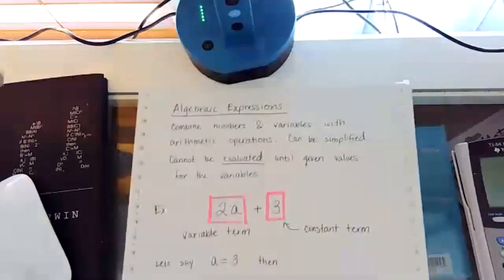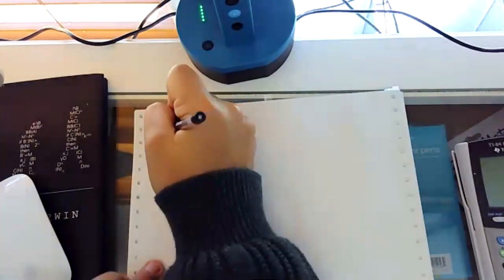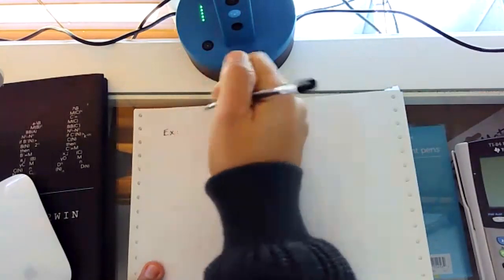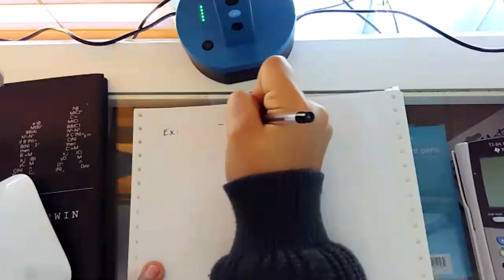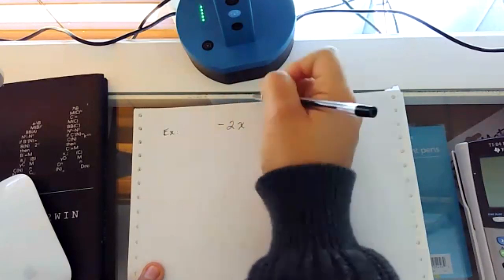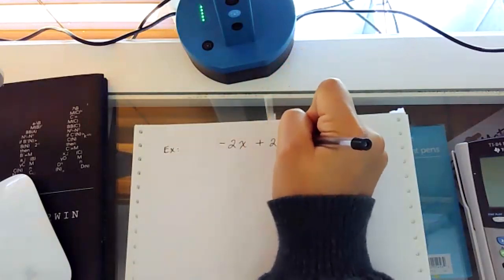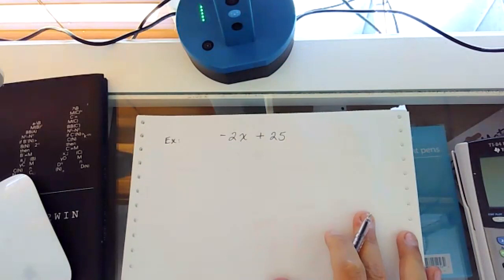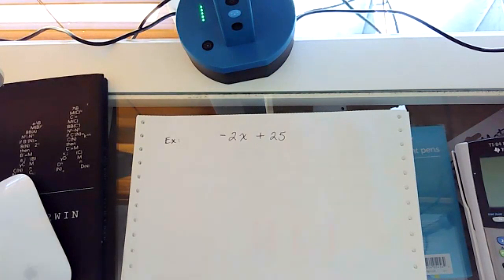Okay. When you have an algebraic expression, let me give you another example. Negative 2x plus 25. You should be able to identify which one is the variable term and which one is the constant term.